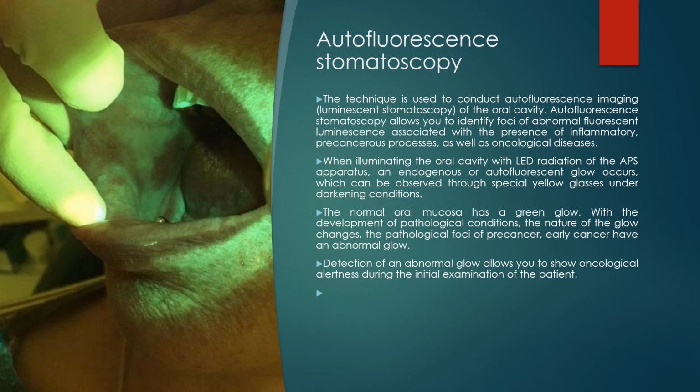The normal oral mucosa has a green glow. With development of pathological conditions, the nature of the glow changes, and the pathological foci or precancer or cancer have abnormal glow, usually the red glow. Detection of an abnormal glow allows you to show oncological alertness during the initial examination of the patient.